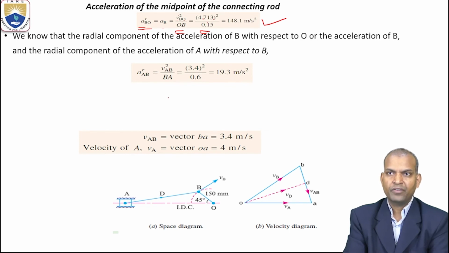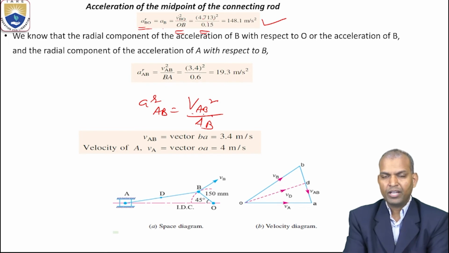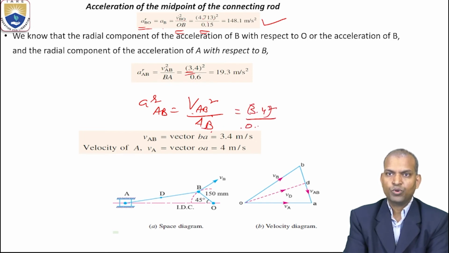What is the radial component of link AB? It equals V_AB square by AB. What is V_AB? Just now we found from the velocity diagram that it is 3.4, so 3.4 square by AB. What is AB? The length of link AB is 0.6.